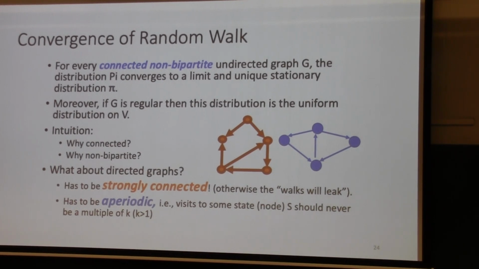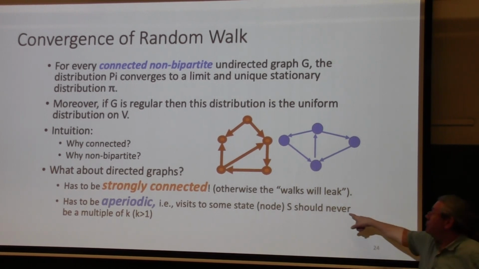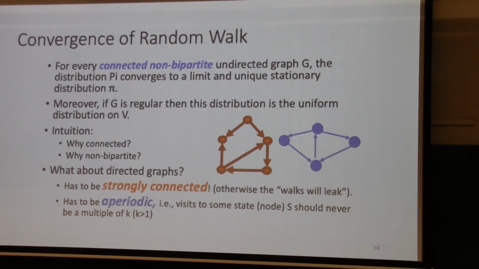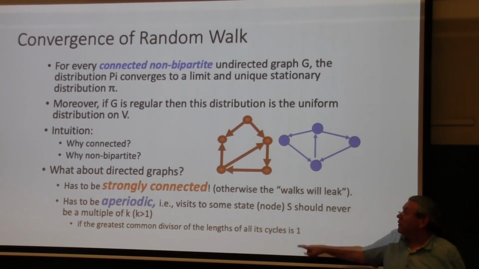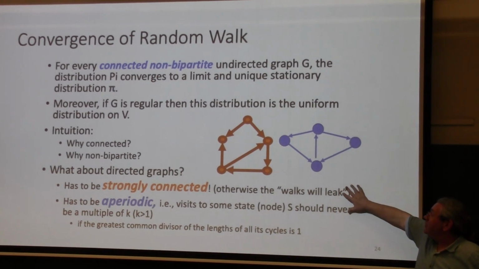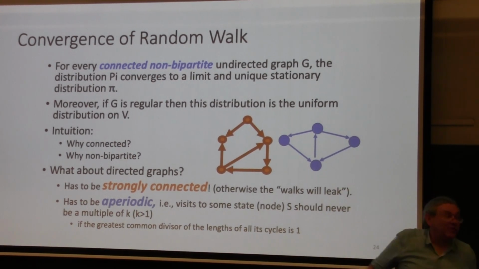So if you do that, the whole thing will oscillate, and so it's not going to be convergent. So it has to be aperiodic. You're not allowed to have that. Okay? So the greatest common divisor of the lengths of all the cycles is 1. So you can see some intuition here about the graph.